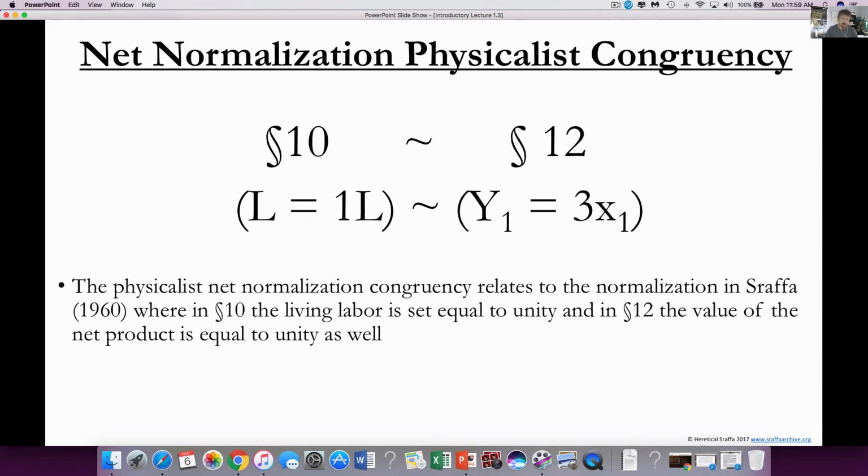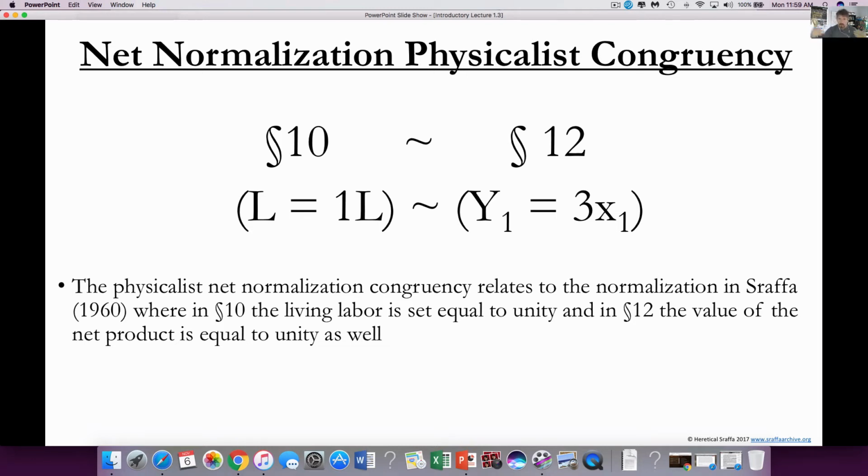Now, of course, he's doing a multi-commodity model, not a one-commodity model, but what Sraffa does is he normalizes the labor of all the industries in the economic system equal to 1, and in section 12, he normalizes the price of the entire range of net output aggregated together also equal to 1. And so there you have that equality of the living labor added with the value of the net output.